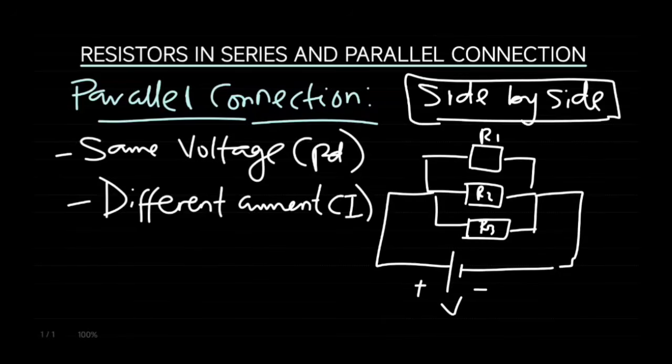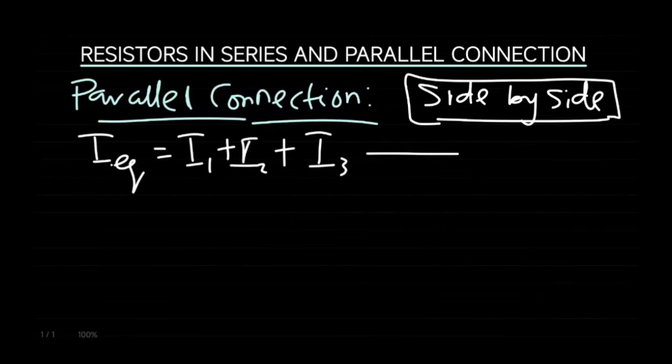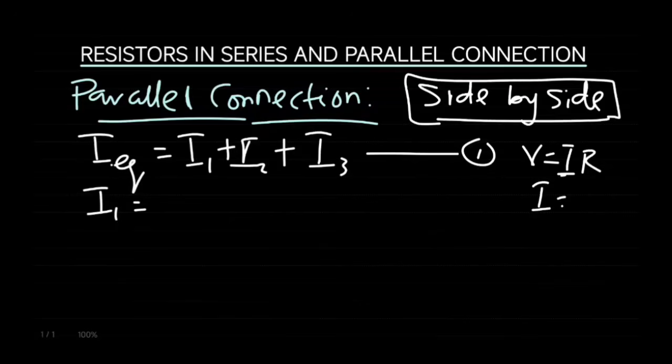So let's derive the equation. In parallel connection, we say that I equivalent is equal to I1 plus I2 plus I3. Let's call this equation 1. Recall Ohm's law states that V is equal to I times R. Since the potential difference is the same, if I make I the subject of the formula, I'll have I is equal to V all over R. So we'll be using this equation.